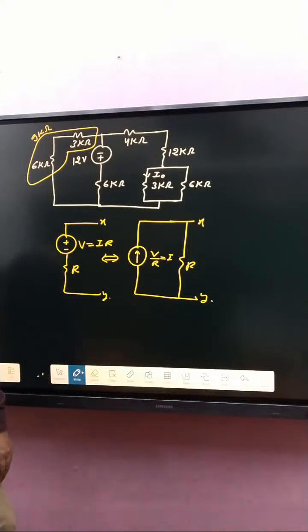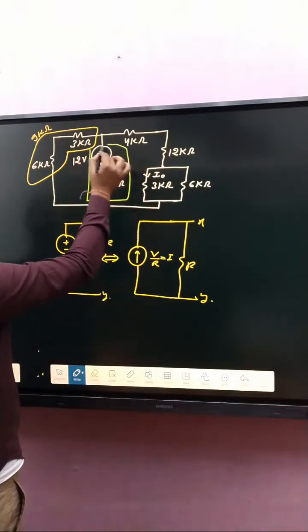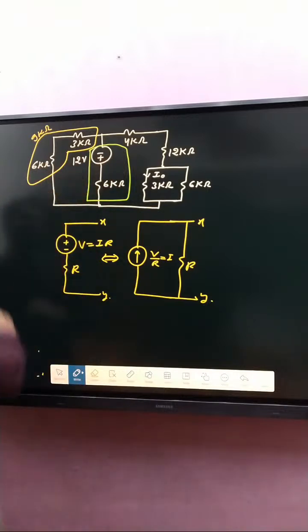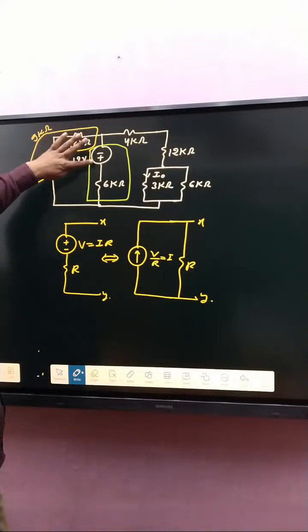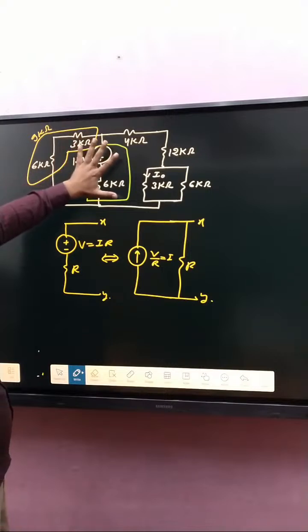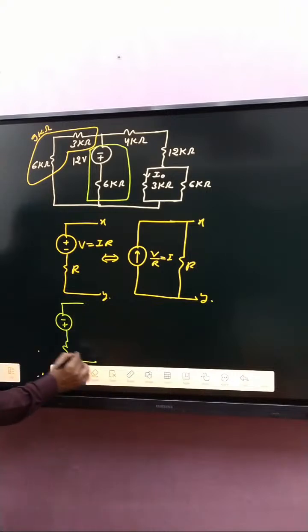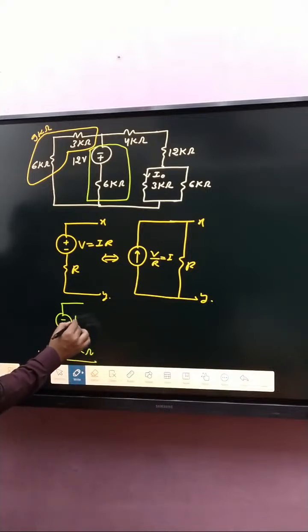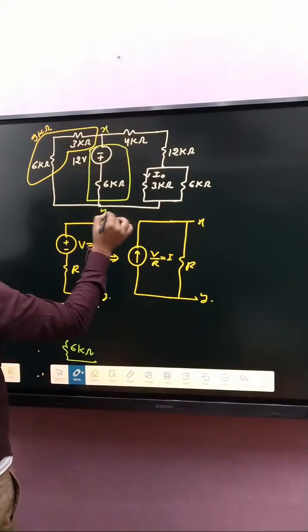So using that method here, how can we apply it? That is 12 volt, but polarity minus here, plus here. So minus plus, it means what about current direction? If this is converted into a current source, that is 6 kilo ohm, and that is 12 volt, with X here and Y terminal.